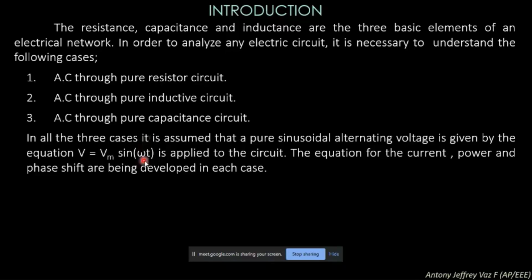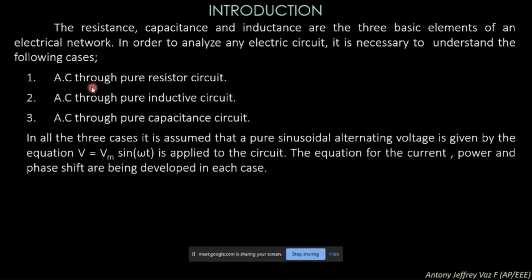In all the three cases, it is assumed that a pure sinusoidal alternating voltage given by the equation V is equal to Vm sin omega t is applied to the circuit. The equation for the current, power, and the phase shift are being developed in each case. So for all the three circuits, we are going to apply a voltage to a resistor, inductor, and capacitor.